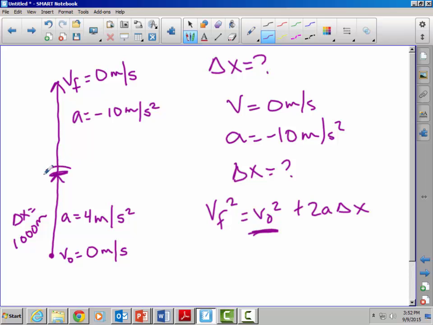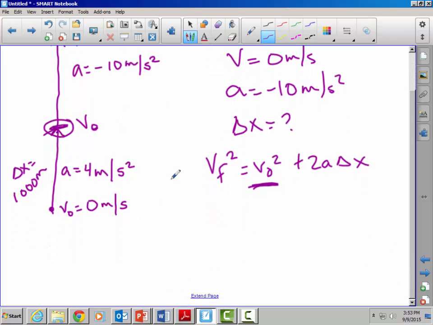That means I would need to know whatever its speed was right here. I can get that from the previous information, because from here to here, the rocket will continually gain speed, gain velocity. And so the final velocity of this first chunk of movement becomes the initial velocity for the second chunk.